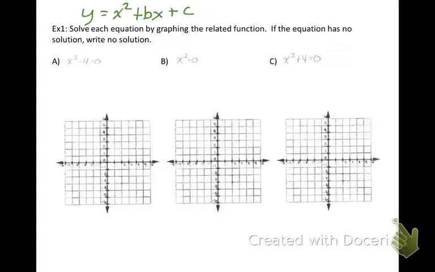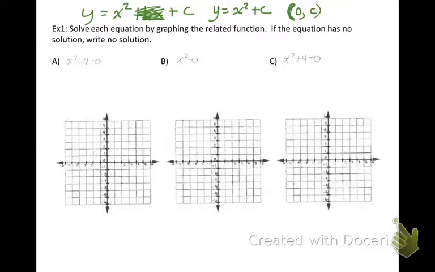But as you can tell on A, you do not have this part. You only have y equals x squared plus c. So to start the vertex, you're going to start with 0 and then the c number.